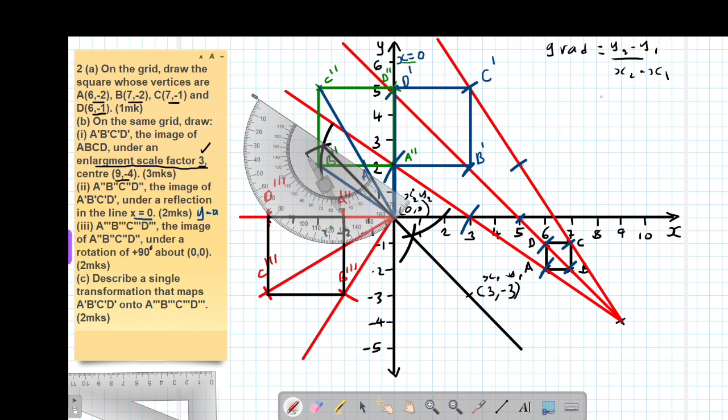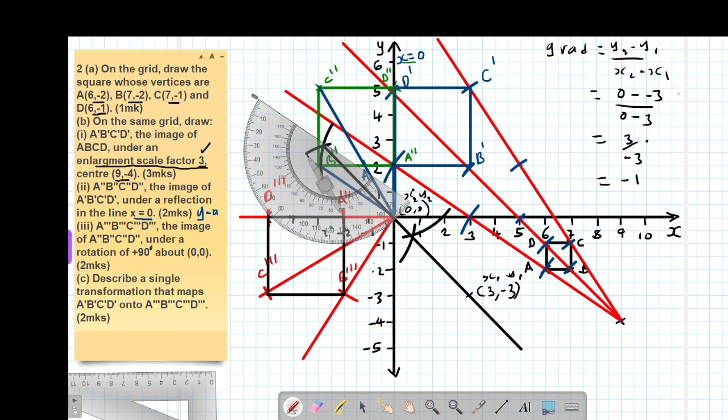So I'm going to have my y2 will be 0, so 0 minus my y1 is negative 3, over x2 is 0, then minus x1 is positive 3. So this will give me negative 3 minus 0, you'll get negative 3. And 0 minus 3, you'll get negative 3. So the gradient will actually be equal to negative 1.